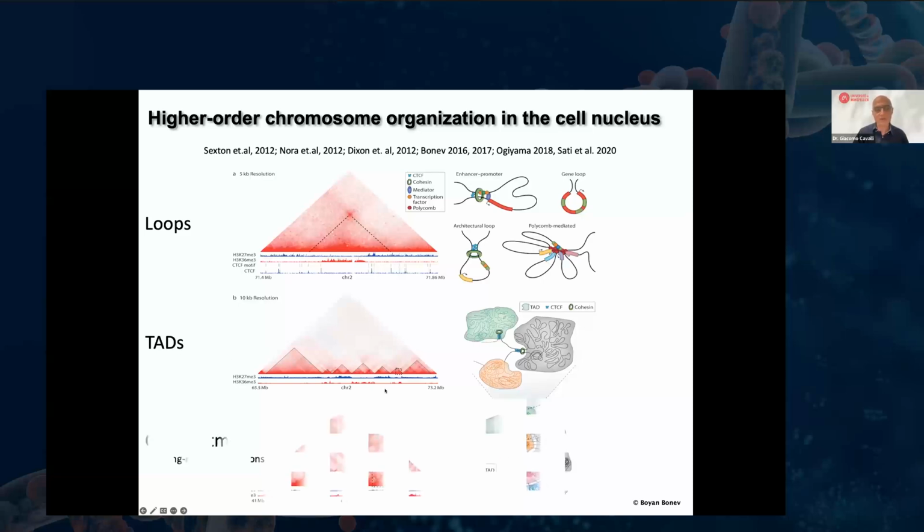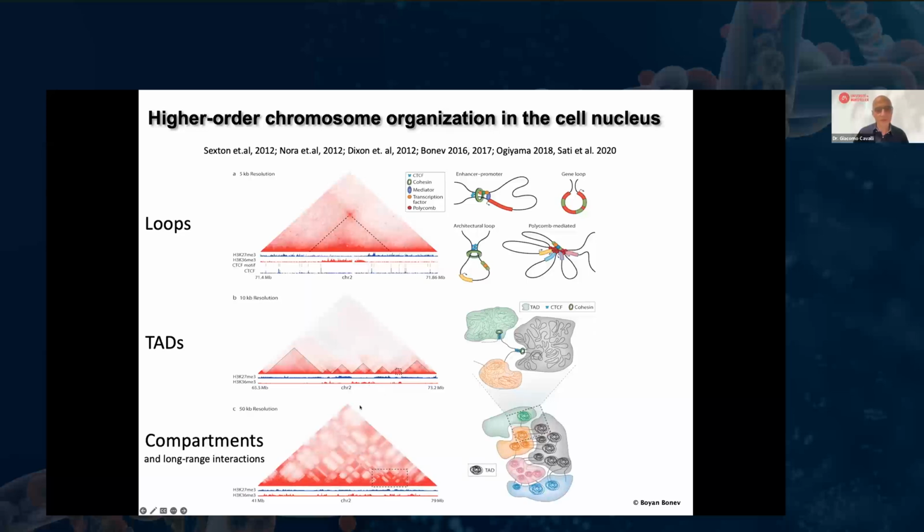If we zoom out even more, we see that there's yet another structure. So now again, this region is part of a 30 megabase region that is larger. And what you see is that individual TADs or flanking TADs form what we call compartments.